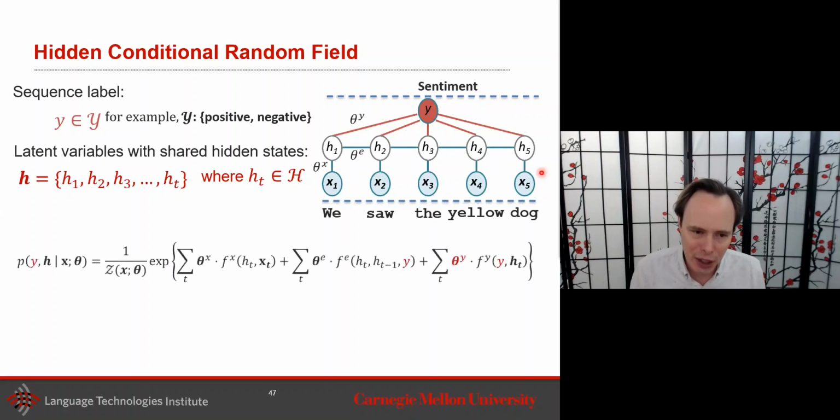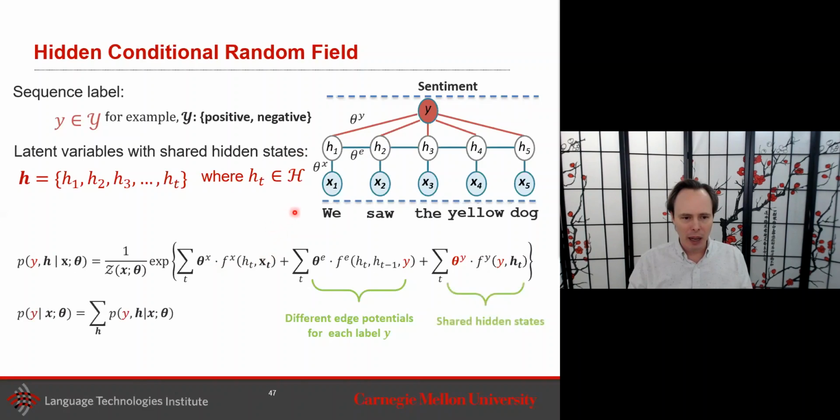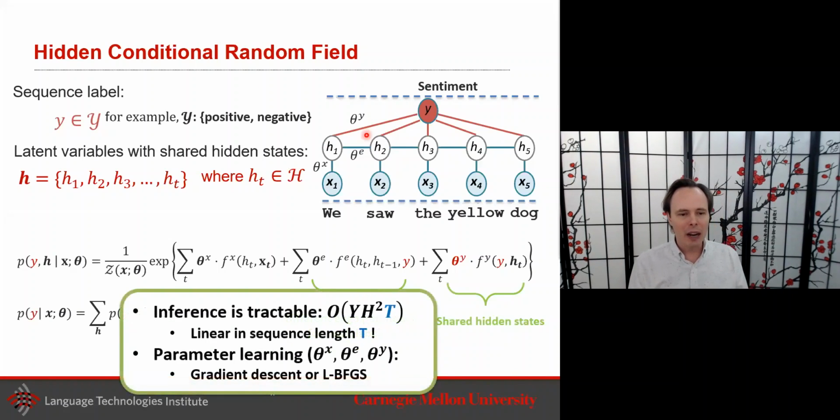Then the hidden conditional random field allows you to do it. It will have potentials between the hidden states. It will have potentials between the observed and the hidden states. That's the same. And then you also have the potentials that will be shared between labels as well. And so the inference is tractable in a linear sequence.